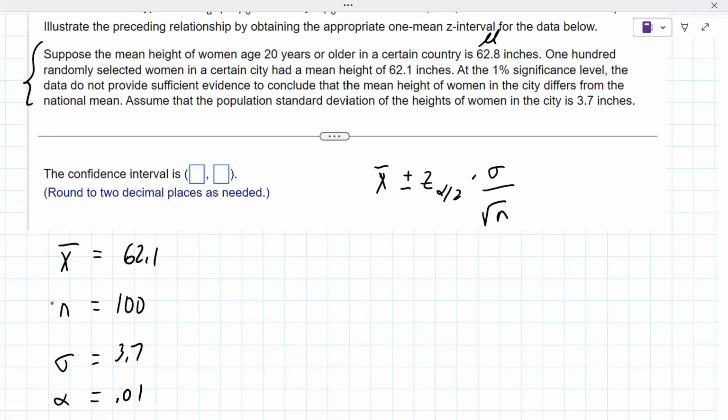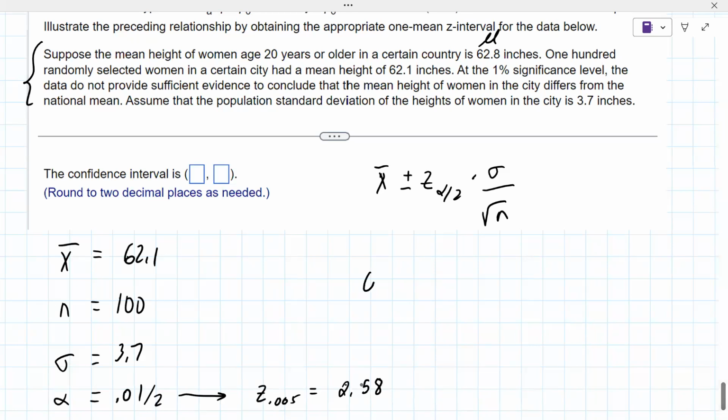Okay. So we have all the numbers we need except the Z alpha. So you use this to get Z alpha, which is the Z of 0.005. That's the 0.01 divided by 2. And again, you can use software for that. I think maybe in another lesson we can spend more time on that, but this ends up being 2.58.